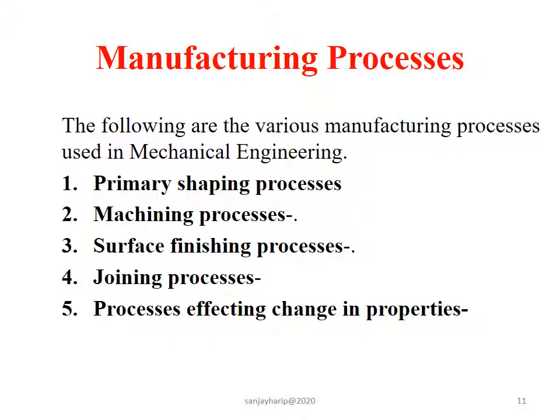These processes are used to impart certain specific properties so as to make the component suitable for particular operation or application. These processes are heat treatment, cold working, hot working, and shot peening.